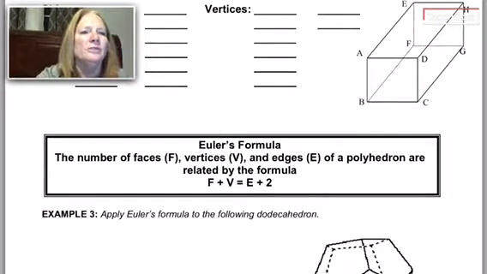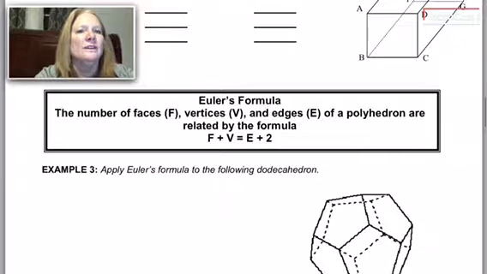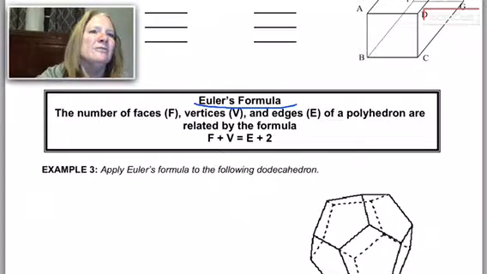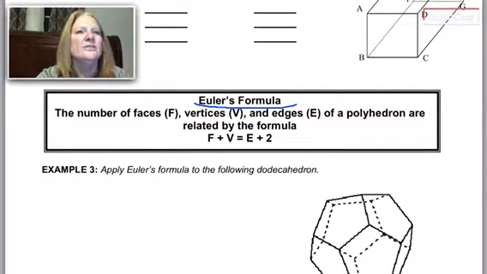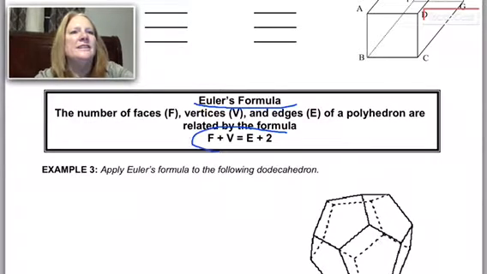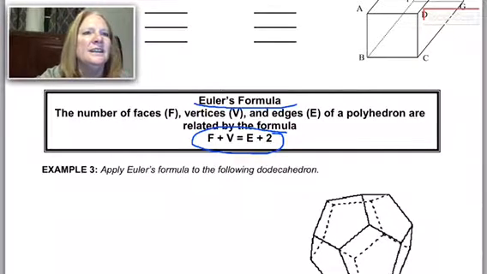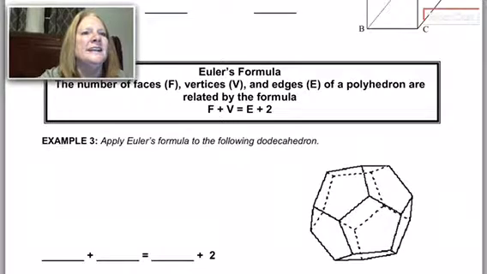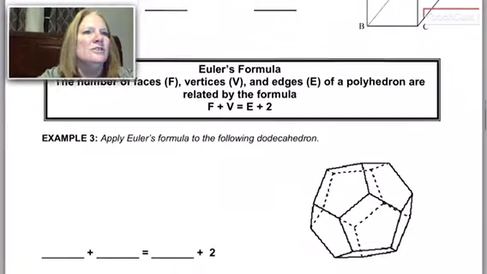So here's a formula called Euler's formula that tells us the relationship between the number of faces, vertices, and edges. And here's the formula: faces plus vertices equals edges plus 2. They want us to apply that to this dodecahedron, which means it has 12 sides.